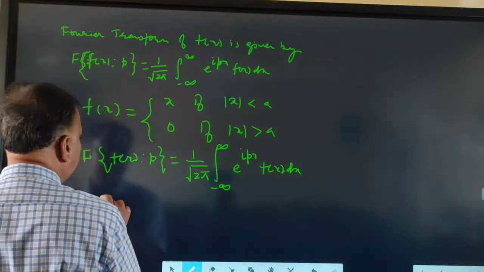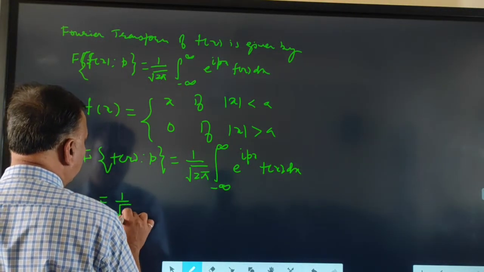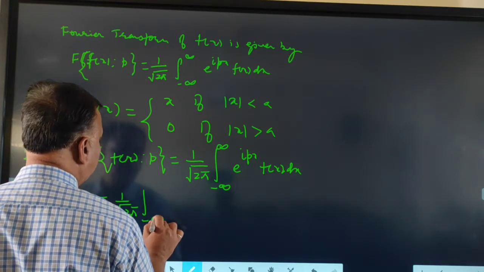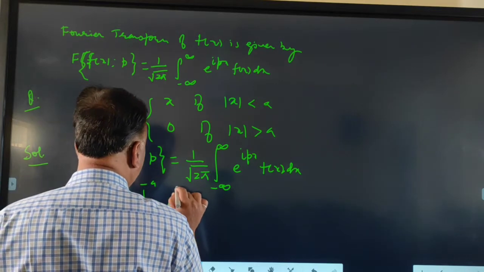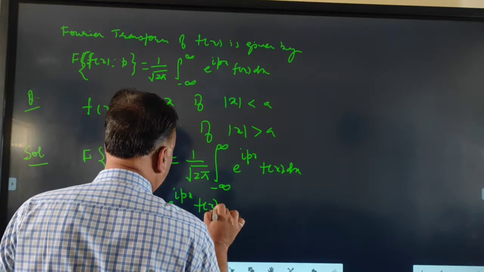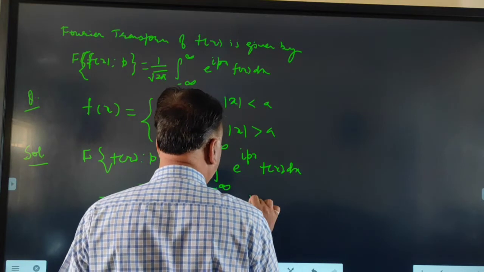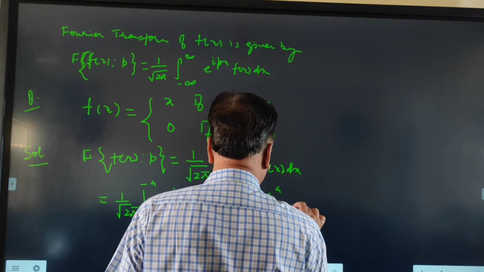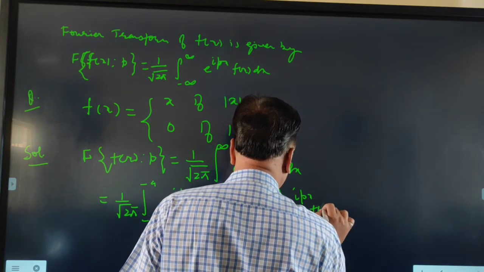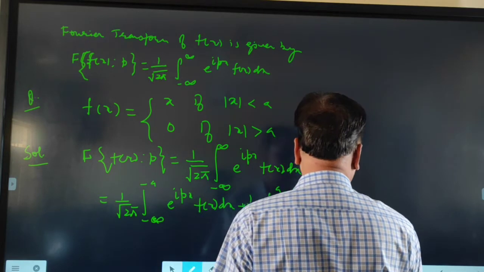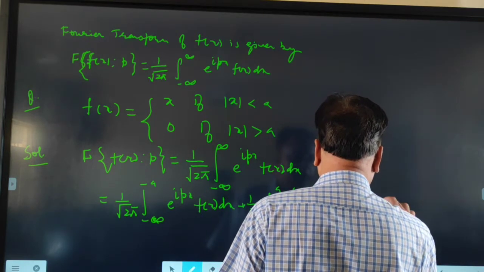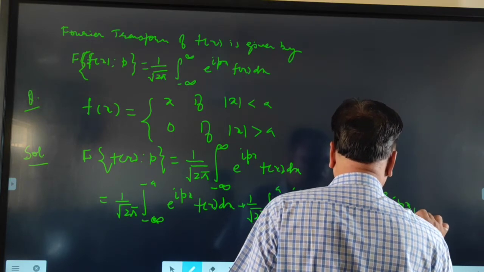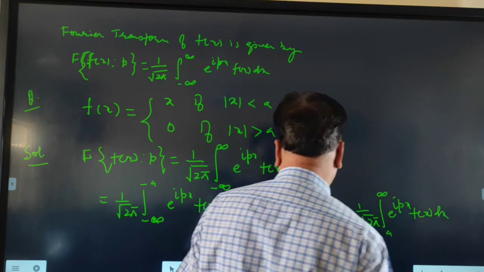Then we get 1 upon root 2 pi integral from minus infinity to minus a e raised to iota px f(x) dx plus 1 upon root 2 pi integral from minus a to a e raised to iota px f(x) dx plus 1 upon root 2 pi integral from a to infinity e raised to iota px f(x) dx.